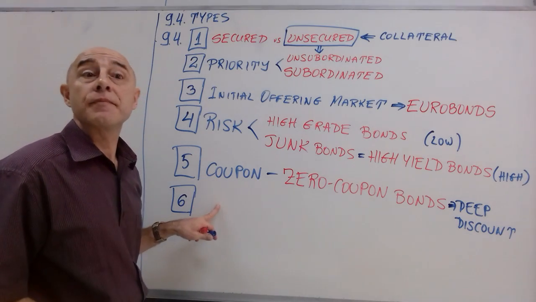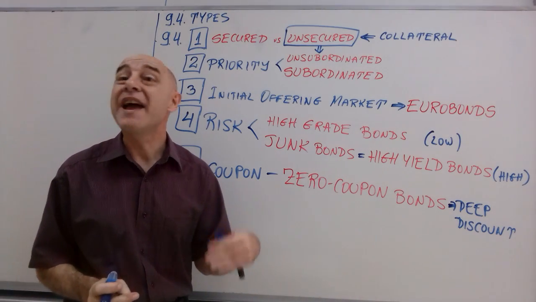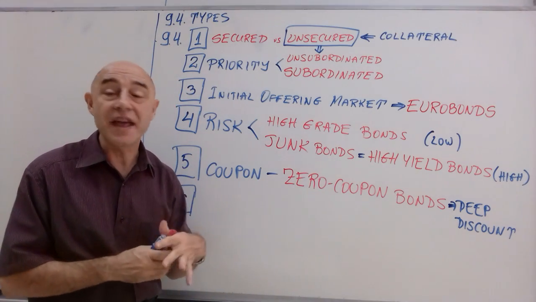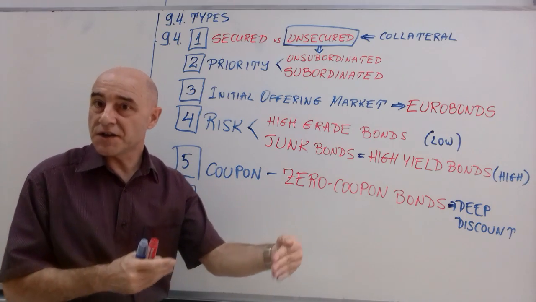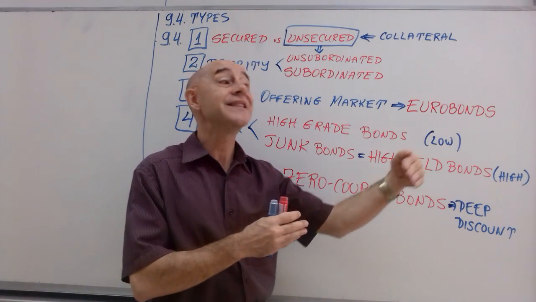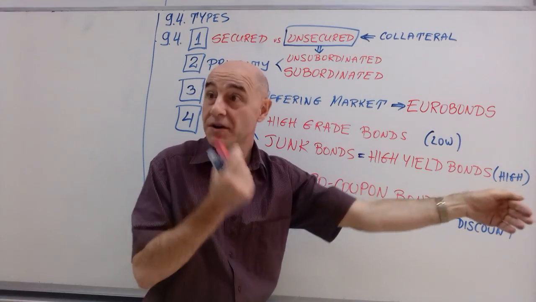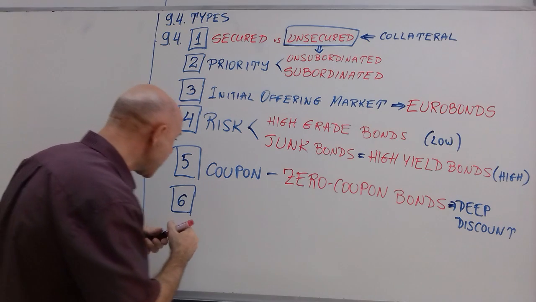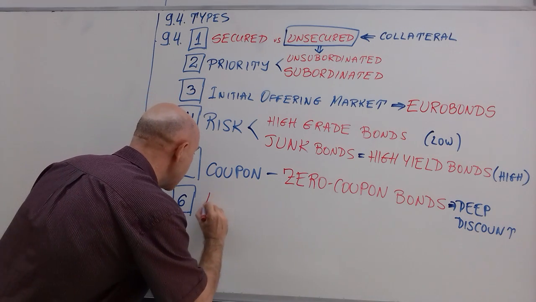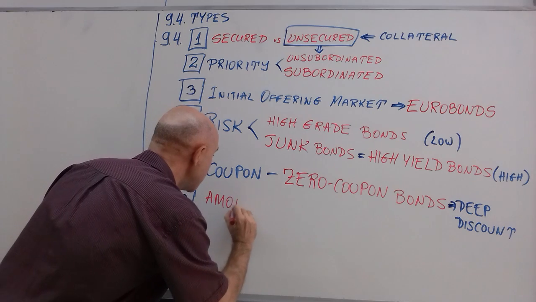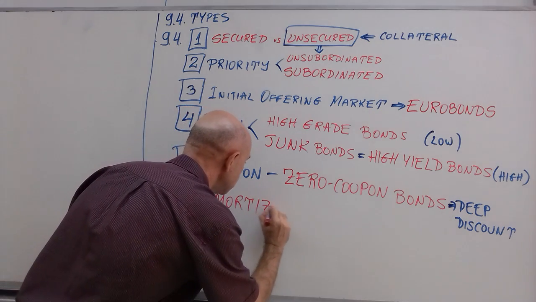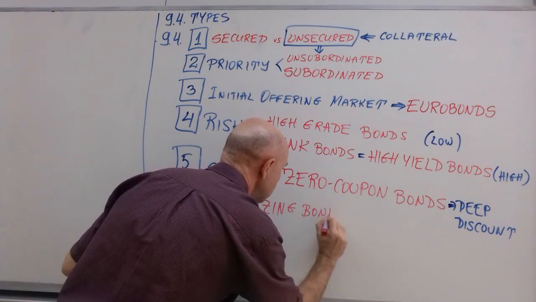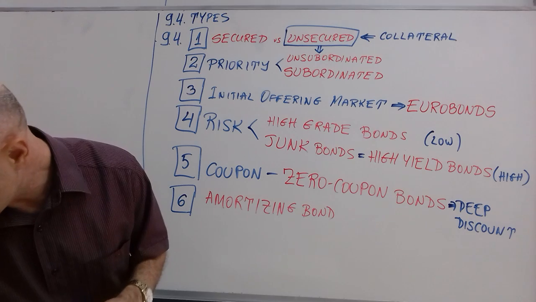Now, some bonds may be paid early in the sense that if it's a 10-year bond, they may pay 10% in the first year, 10% in the second year, 10% in the third year, 10% in the fourth year. All right, so they'll be paying them over time. If it's paid over time, it becomes an amortizing bond.